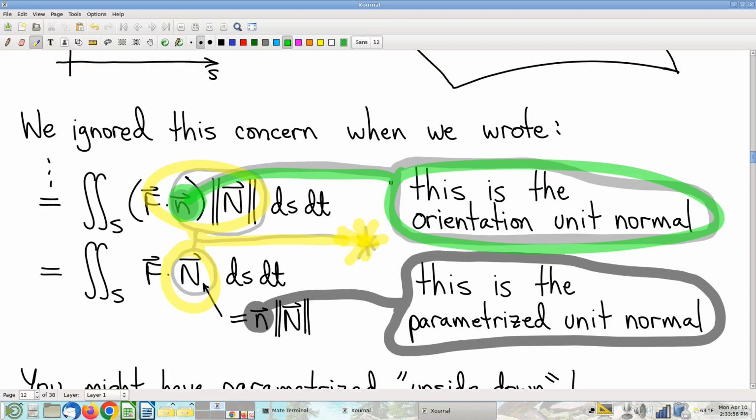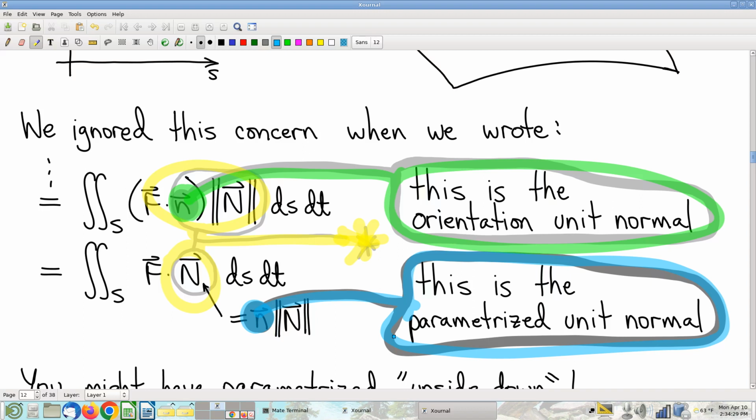But this thing down here, when I claim that capital N is equal to that, no, capital N points in the direction of the parameterized unit normal. So, what capital N is actually equal to depends on something that, 50-50, is pointing the exact opposite direction of the direction that it should. So, that's the problem.